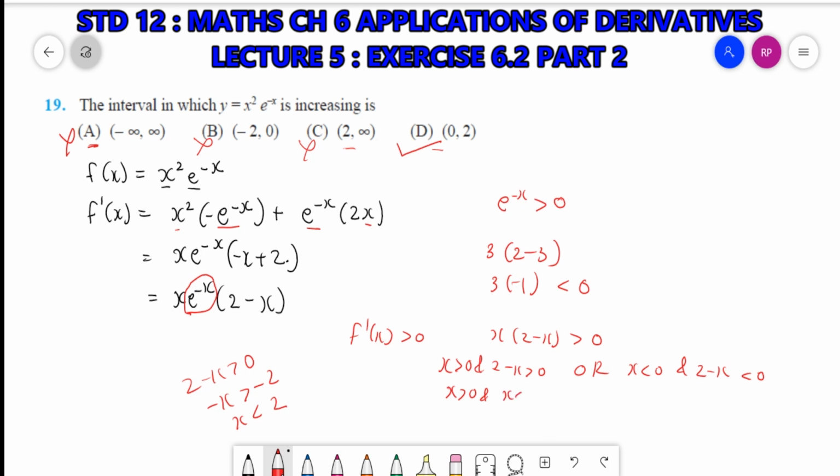So between 0 and 2. Okay, so this is option D. Clear? In the other case, x is less than 0 and x is greater than 2. There is no such number which is less than 0 and greater than 2. So not possible. So 0 to 2 is the correct answer. Okay, so this was about question number 19. So just note it down.